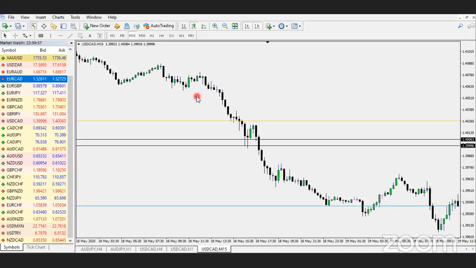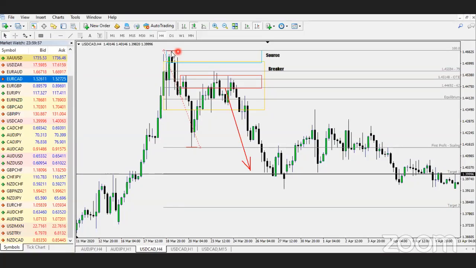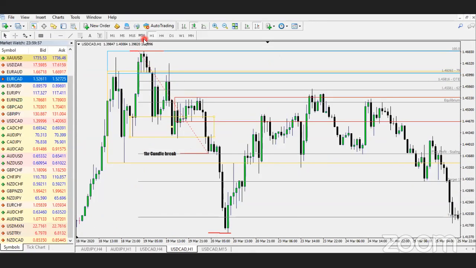So like I said, on the 4-hour, we are using the wicks because the wick has price volume. The 1-hour has price volume. The 30-minute and the 15-minute have less price volume the lower the time frame you go.